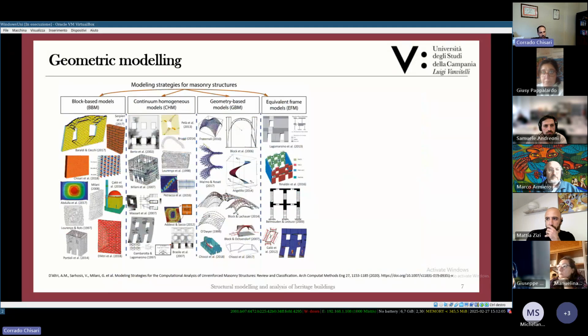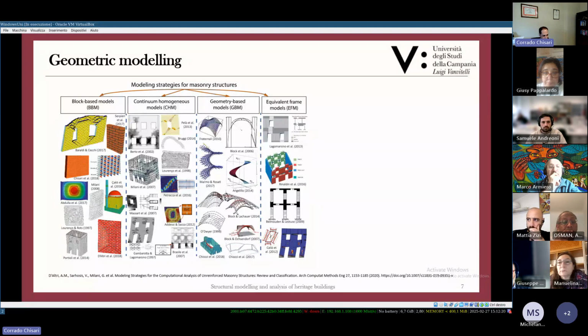And so for masonry, in particular for historical masonry, we have a plethora of different approaches to geometric modeling. Here are some of them categorized into four groups.